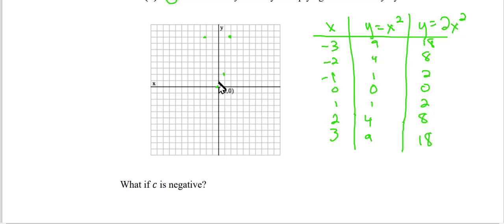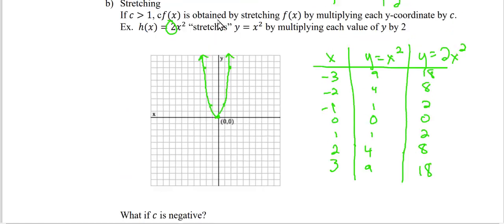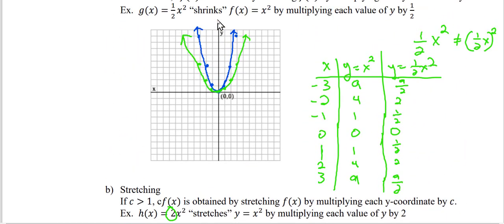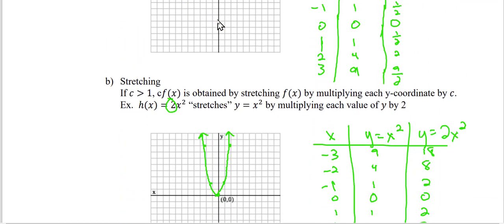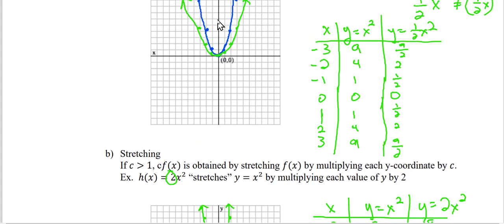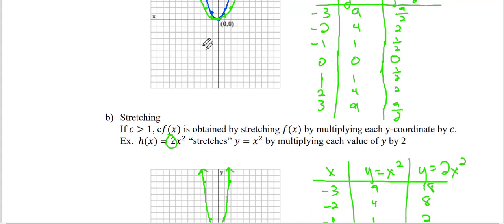If I keep the same scale, I can't even graph the last one, when x is 3, because it's off my graph. Notice this parabola is much narrower than the blue one. It stretches away from the y-axis, which makes the parabola narrower.